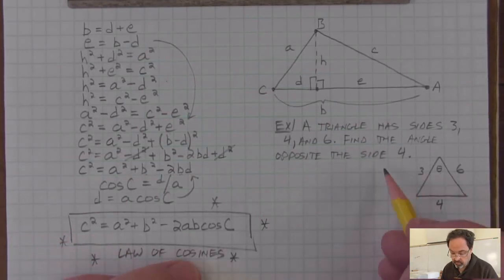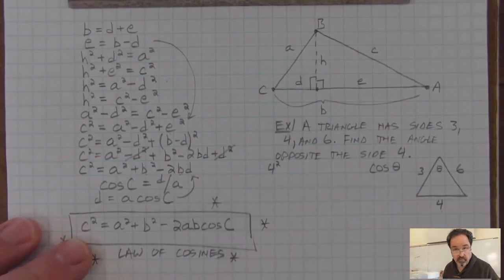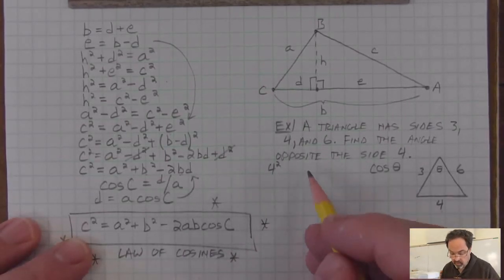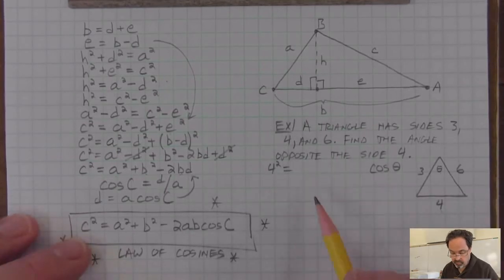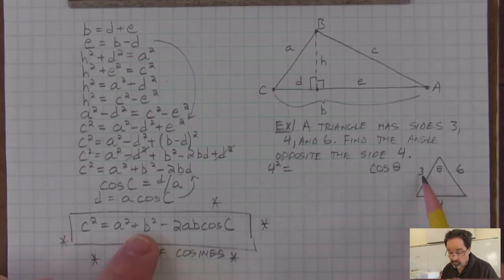When I use the law of cosines, I typically write the angle and the opposite side first. And then I'll fill in the rest of the law of cosines. So the side of 4 squared will be equal to side A squared plus the side B squared. These other two sides, 3 and 6. And it doesn't matter which is A and which is B, it's the same in either case.